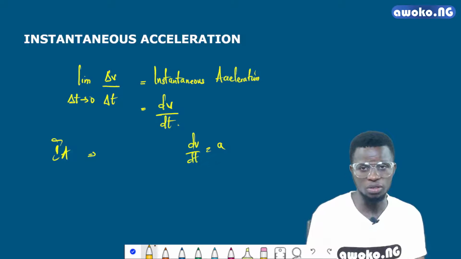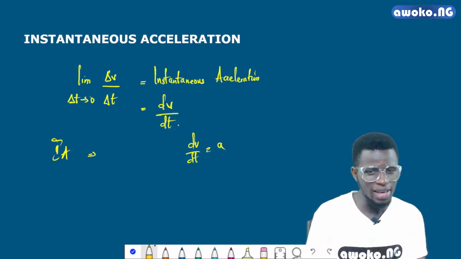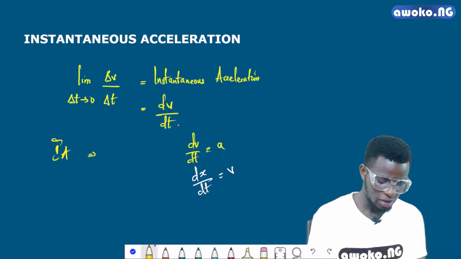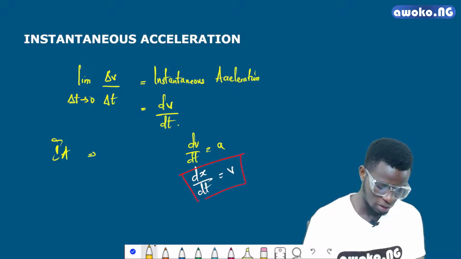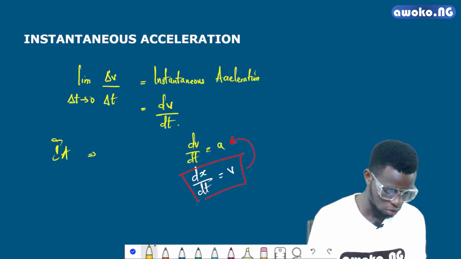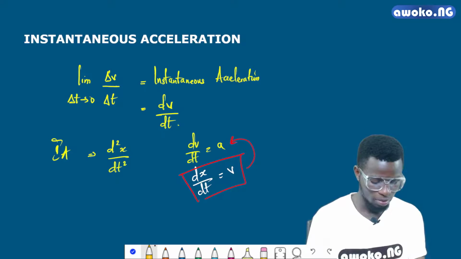If you take the derivative of velocity, you get acceleration. But dx/dt is equal to velocity. So if I take the second derivative of displacement, then I'm going to get my acceleration. So mathematically, instantaneous acceleration is equal to d squared x over dt squared. This is also a likely exam question.